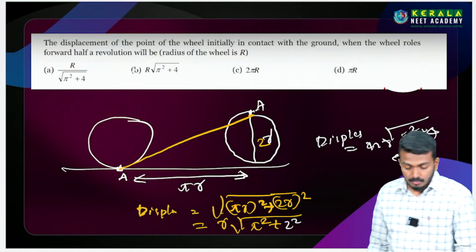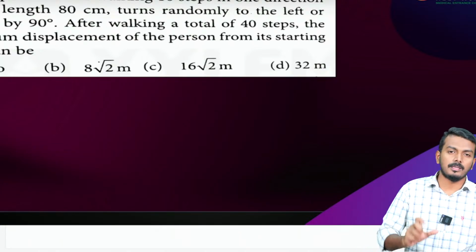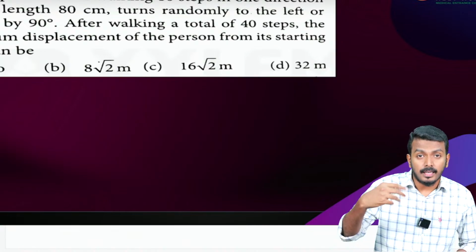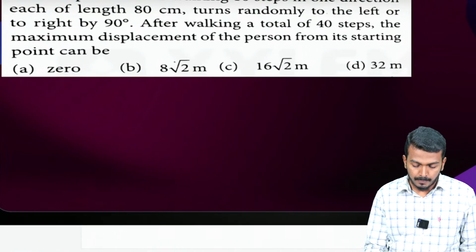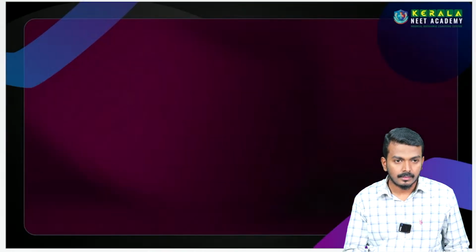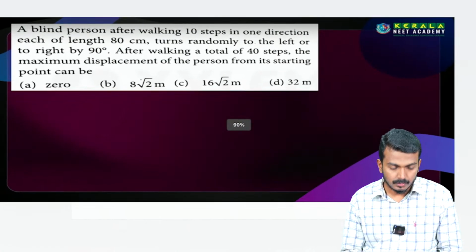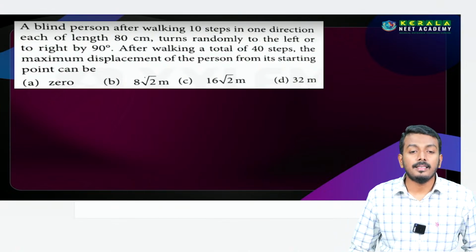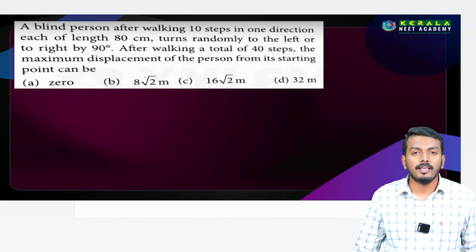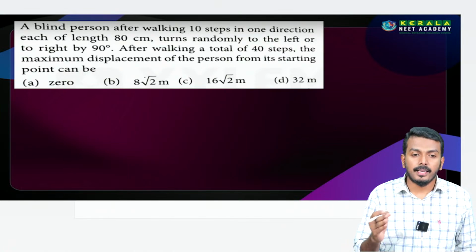Then come to the third question. What is given in the third question? When checking these questions overall, this has a little more concept compared with the other two questions. Listen: a blind person, after walking 10 steps in one direction, each of length 80 centimeter, turns randomly left or right by 90 degrees.